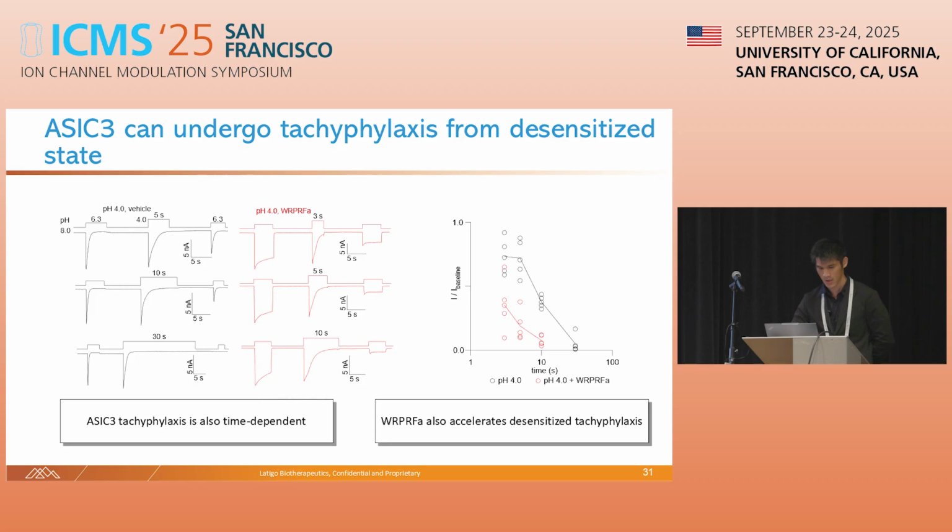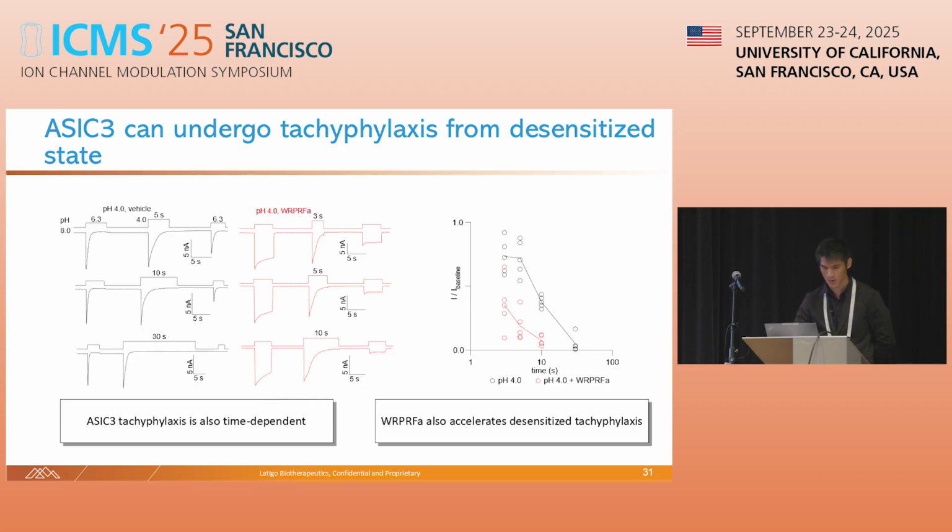So what we did is we give a non-tachyphylaxis-inducing pH first, and then we hold the channel at the tachyphylaxis-inducing pH 4 for different amounts of time. If it's the same process as the ASIC1 tachyphylaxis, then the second pulse, the test pulse at pH 6.3, will be the same each time.